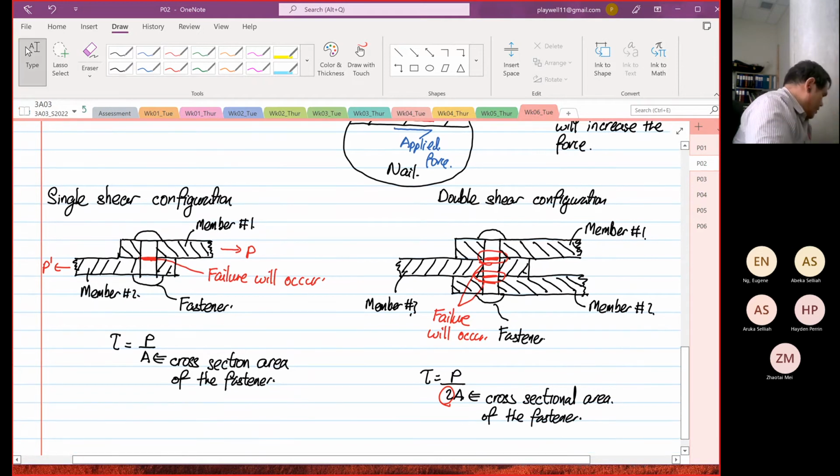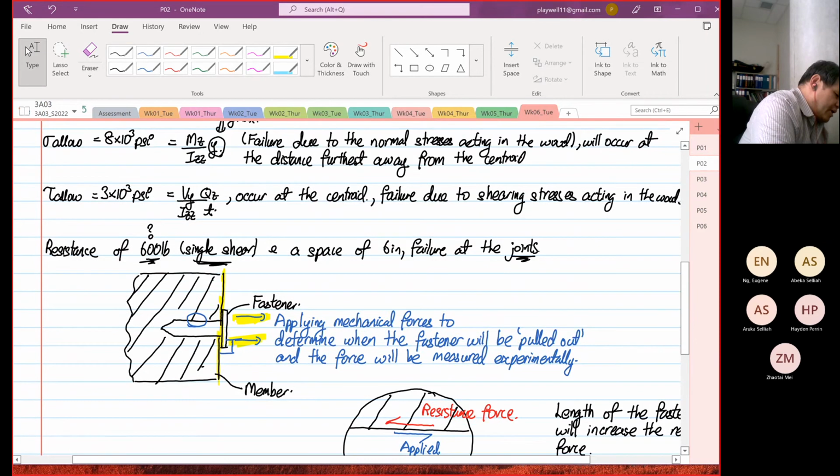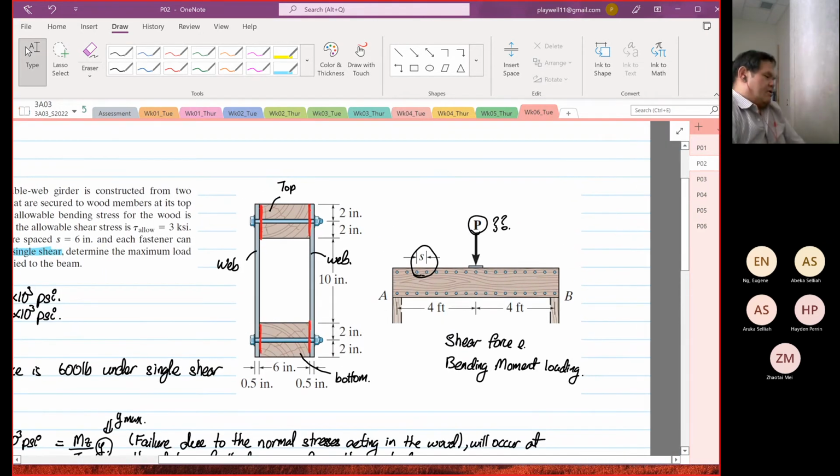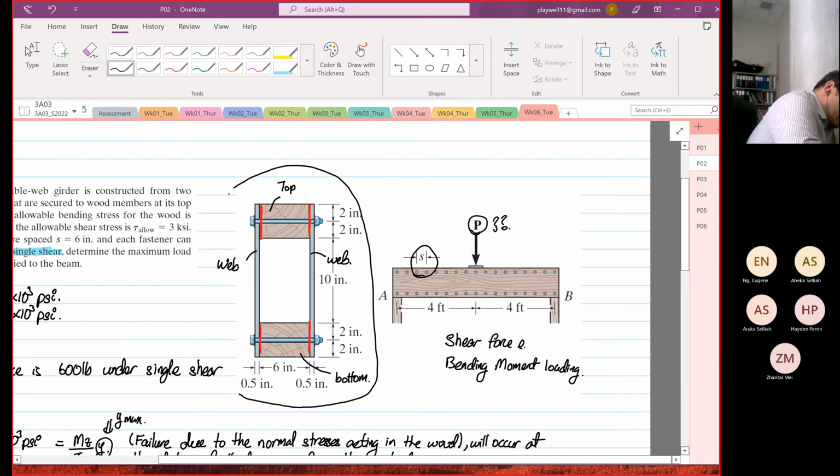Okay, so now you know the difference between single shear and double shear configuration. Now, why do I elaborate on that? If we focus on our cross section, which is this diagram over here, what we have is the fastener.